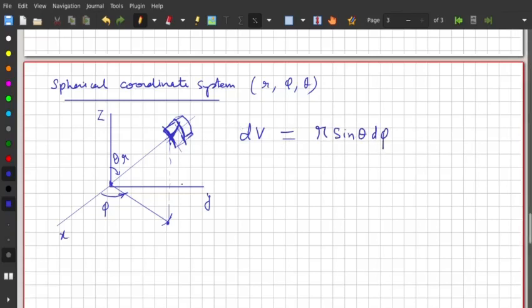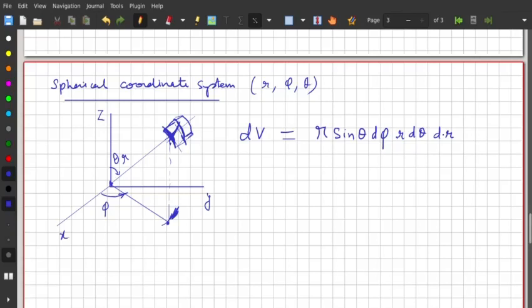That's in this direction, that's r sine theta d phi, that's parallel to that direction, times r d theta, which is this direction, times dr. Okay, so that's the volume element in the spherical coordinate system. That's the generic volume element.